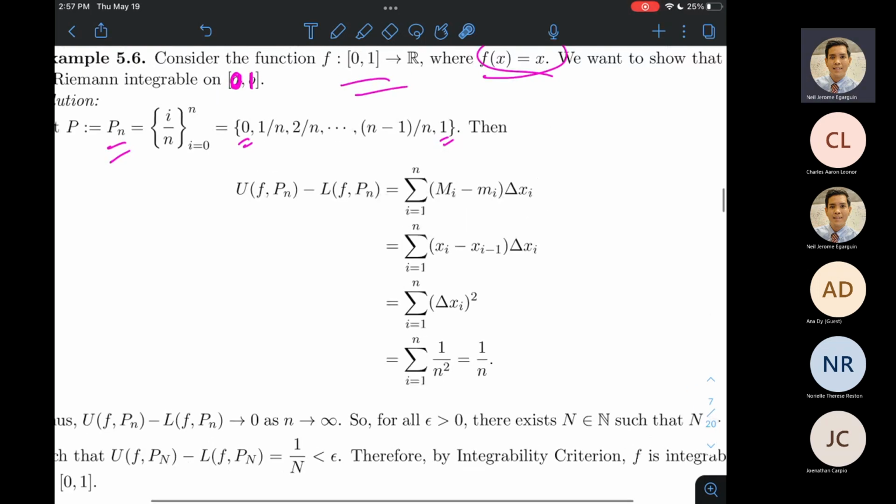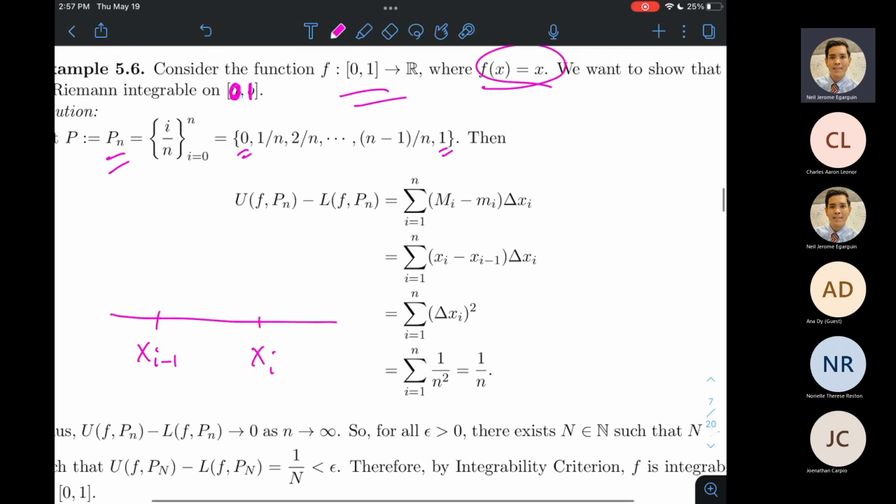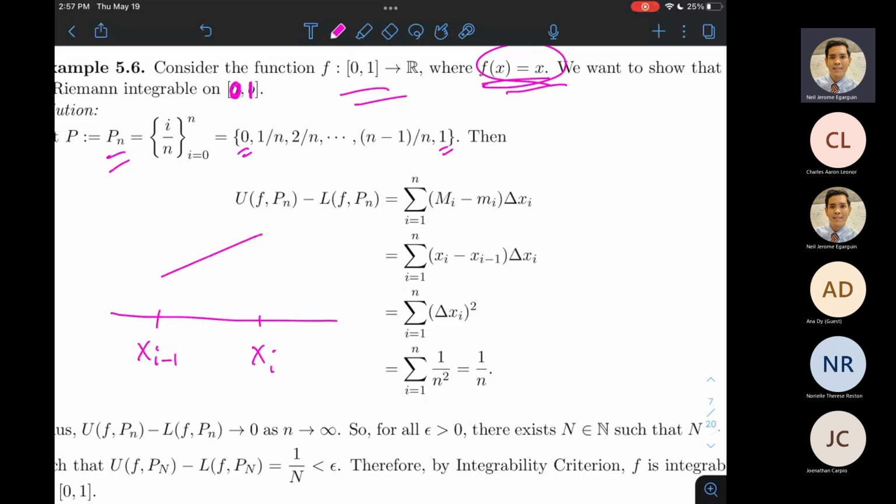Now, compute natin ito. So ano yung supremum on the ith subinterval? Remember, the ith subinterval will be the interval x sub I minus 1 hanggang kay x sub I. Tapos linear function to, f of x equals x. So increasing yon, ano? So ibig sabihin yung maximum on the ith subinterval will reside on the rightmost point of the interval.